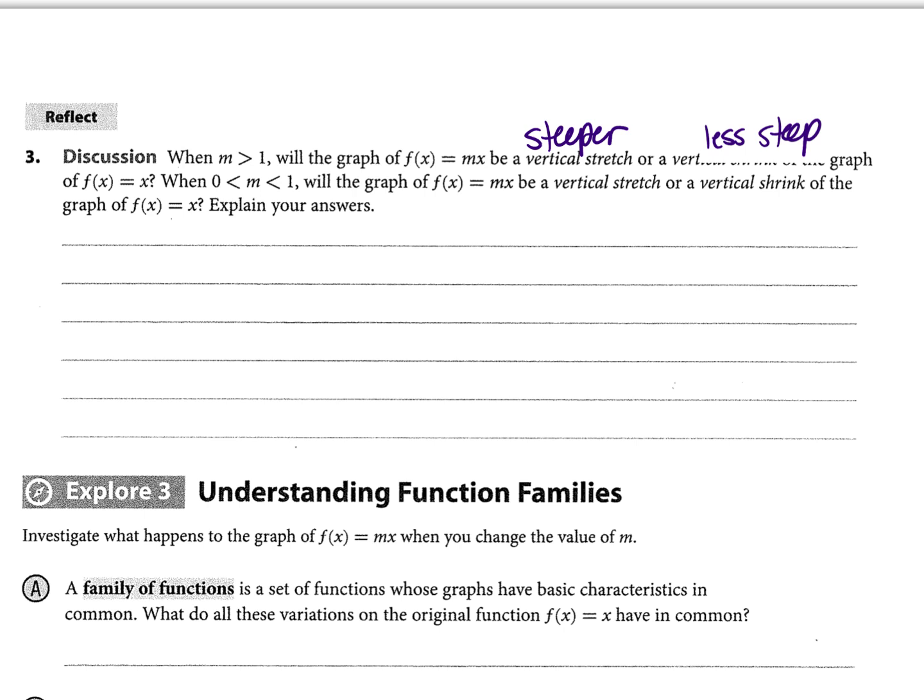So with m being bigger than 1, that would be slopes like 2, 3, 4, 5, and so on. They're getting larger than 1. This would be a vertical stretch because it gets steeper.